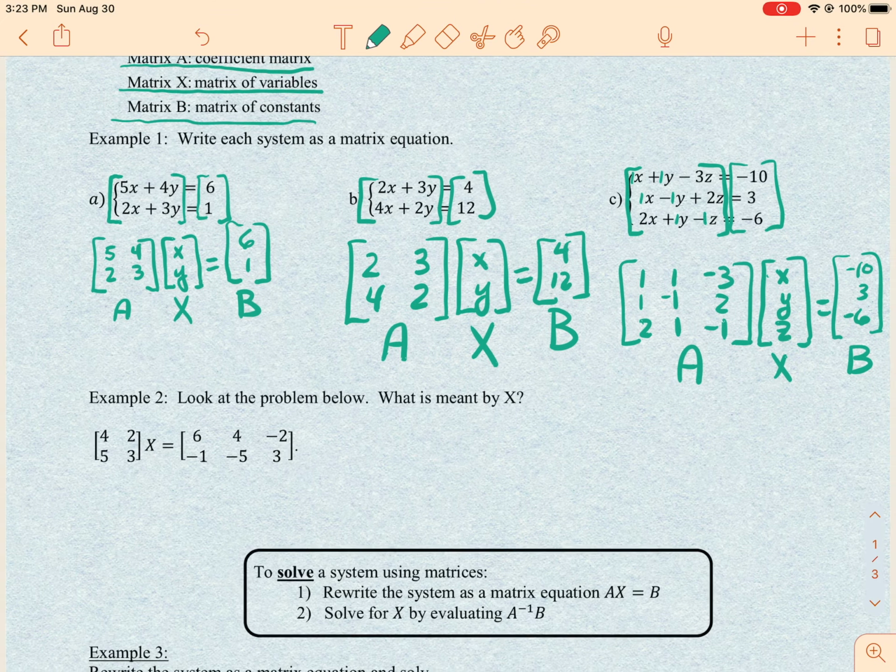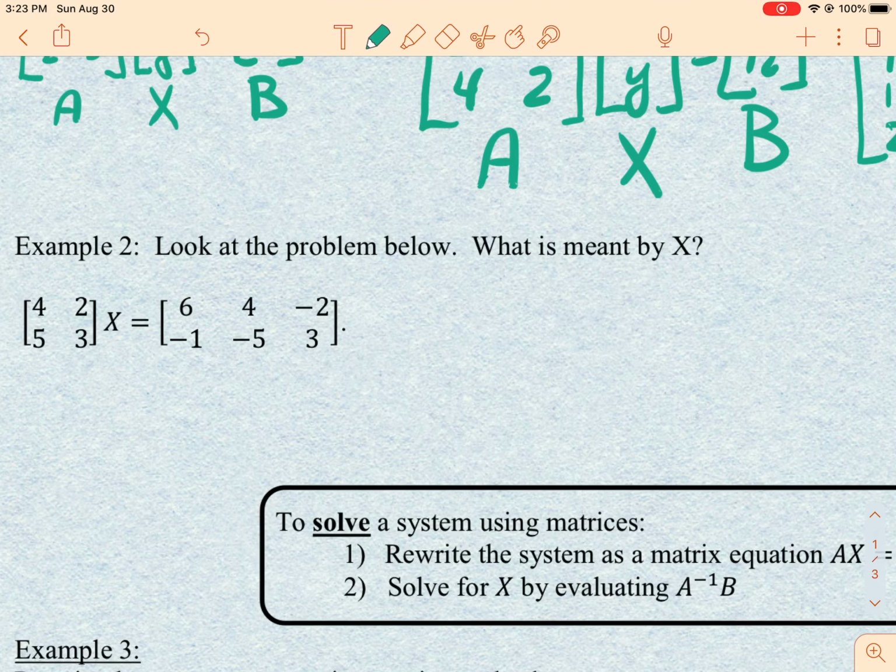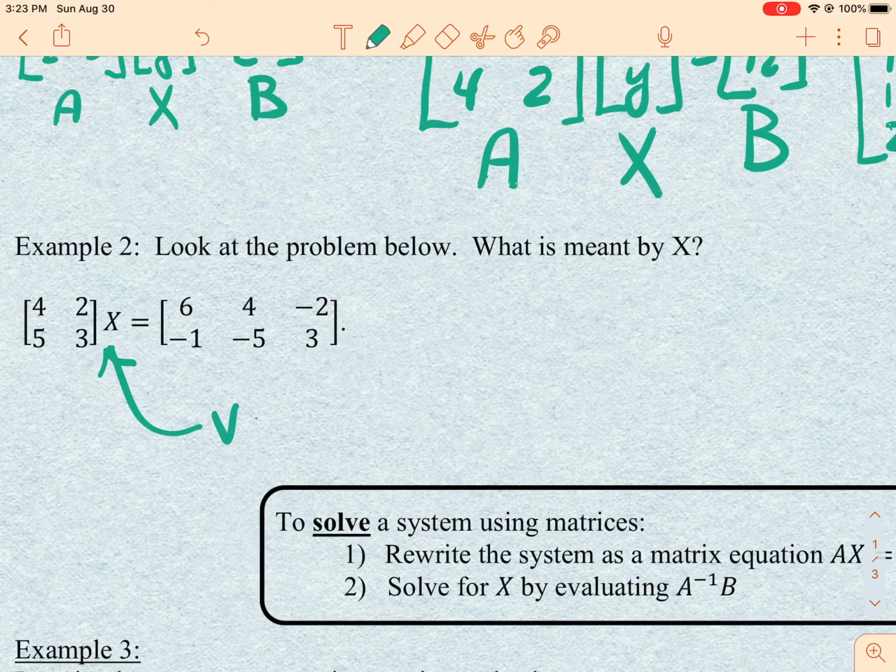So AX equals B, and each of those represent an entire matrix. Looking at this one, what's meant by X? That's our variables matrix.